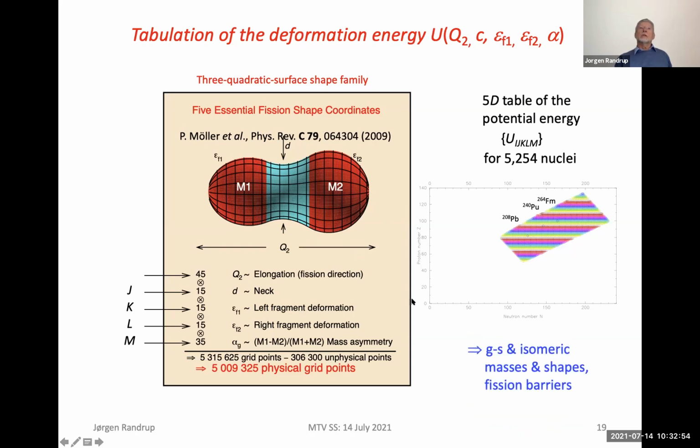He used this information to find where the minimum is to get the ground state, to find where the other minimum is for the isomeric states, to see what shapes those states have, and also to look for fission barriers. But he wasn't thinking of fission as such. And in fission, you have to go out to even longer shapes.